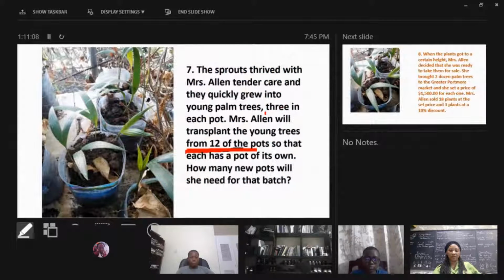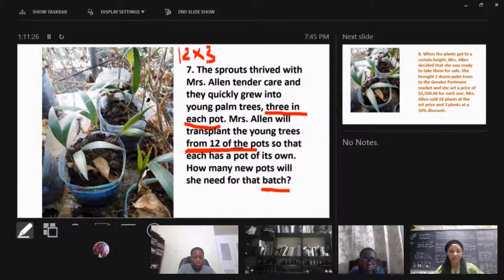Oh, three in each pot. So here there are 3 sprouts in each pot. And she takes up a batch of 12 of them. So that would be 12 times the 3 in each pot. So that's 36.